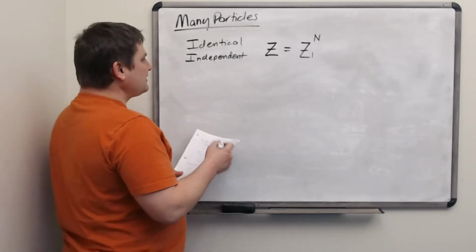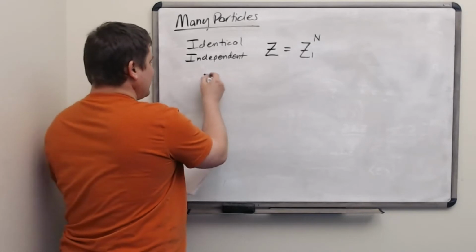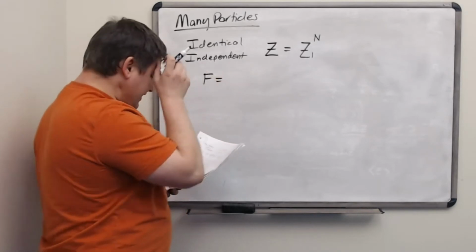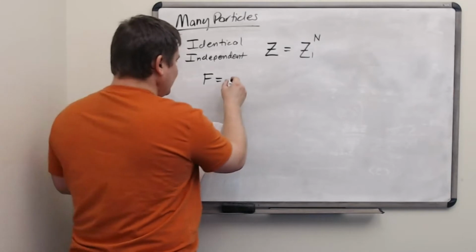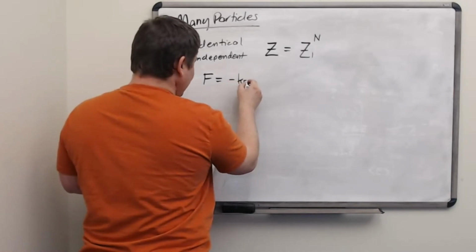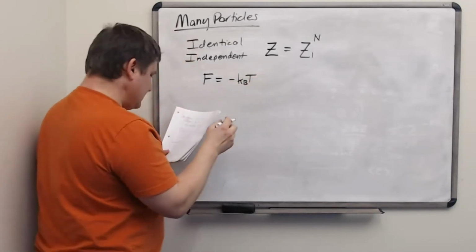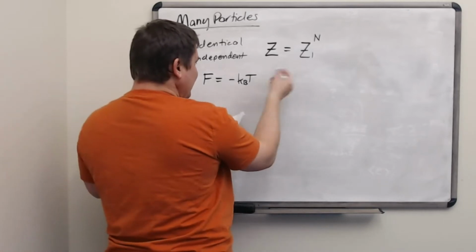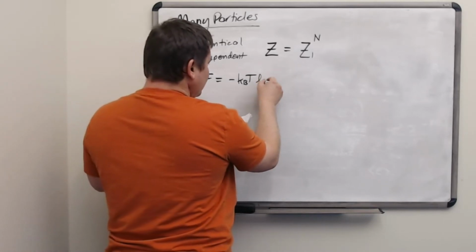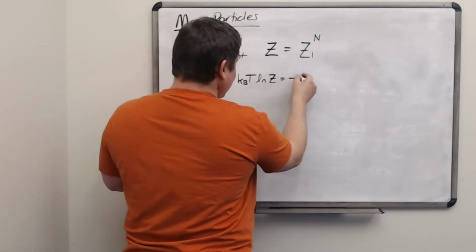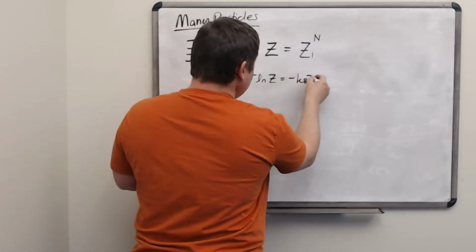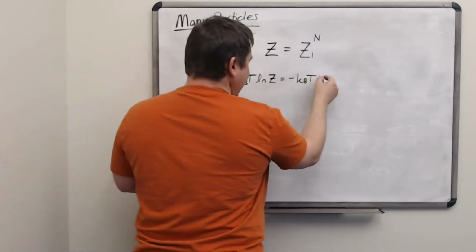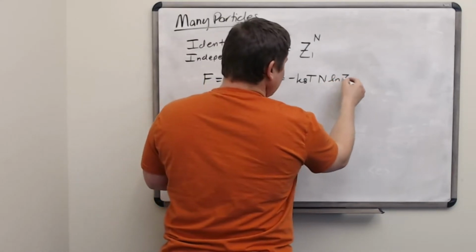So what happens if we take this and try to use our rule for calculating the Helmholtz potential from this? Well, we would get minus kBT times the log of Z, which would give us minus kBT times N times the log of Z1.